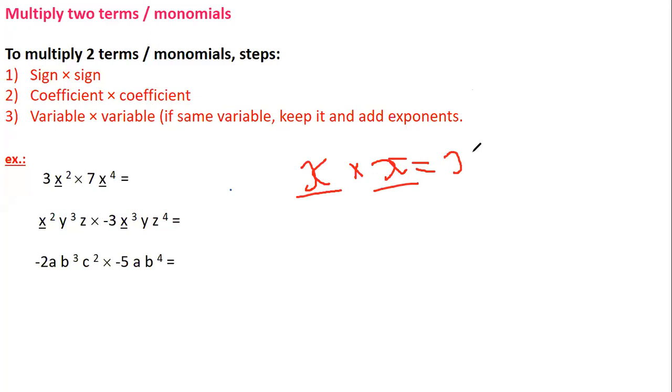The base stays as it is, x. What is the exponent of the first x? 1. What is the exponent here? 1. What do we do for both exponents? We add them. So what will be the answer? X to the power 2, x squared. Where did we get this from? From the powers lesson, do you remember?